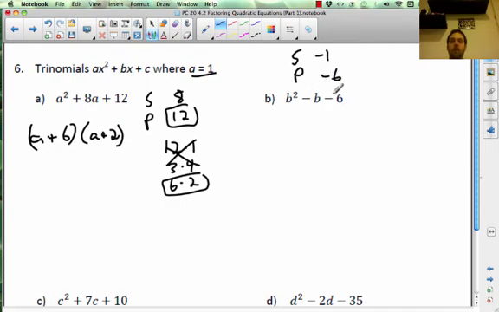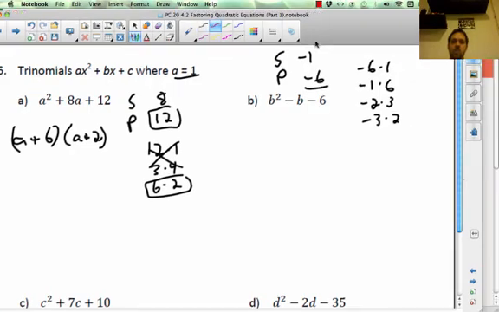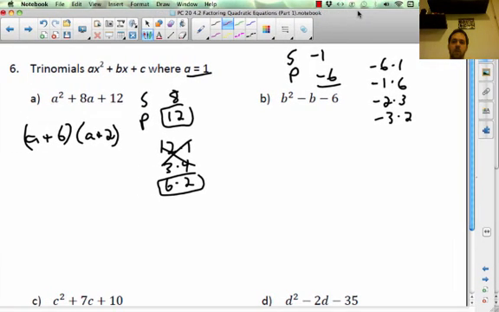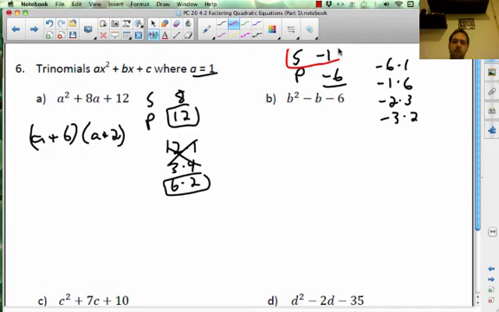Because two negatives would make a positive product, and two positives, of course, would also make a positive product. So we need them to be opposites. So all the factors of minus 6, where one is positive and one is negative. So minus 6 and 1, or minus 1 and 6, minus 2 and 3, or minus 3 and 2. And again, we choose the two that add up to our desired sum of negative 1.